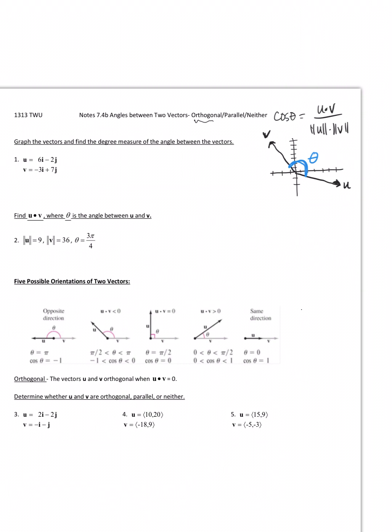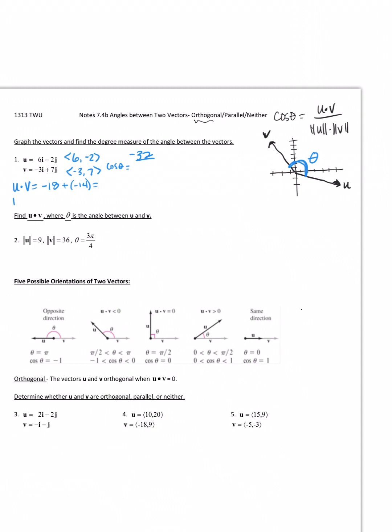So the first thing I want to do is find that dot product of u times v. So remember, if you need to do this, you can rewrite it in component form. So my dot product is 6 times -3, or -18, plus -2 times 7, which is -14. So that gives me a -32. So my cosine of theta is going to be -32 over something.